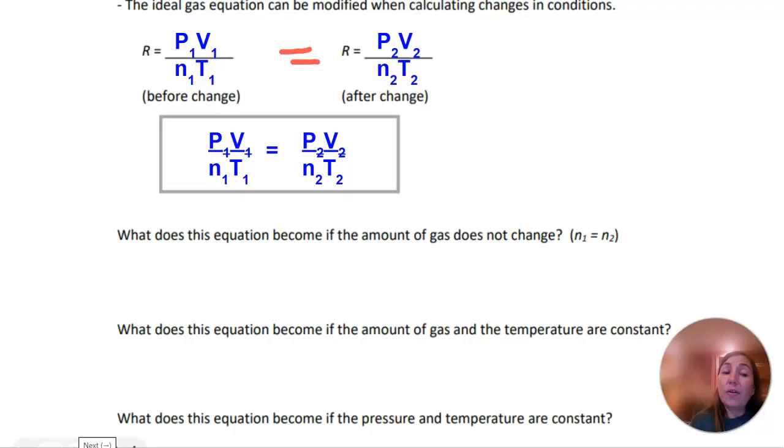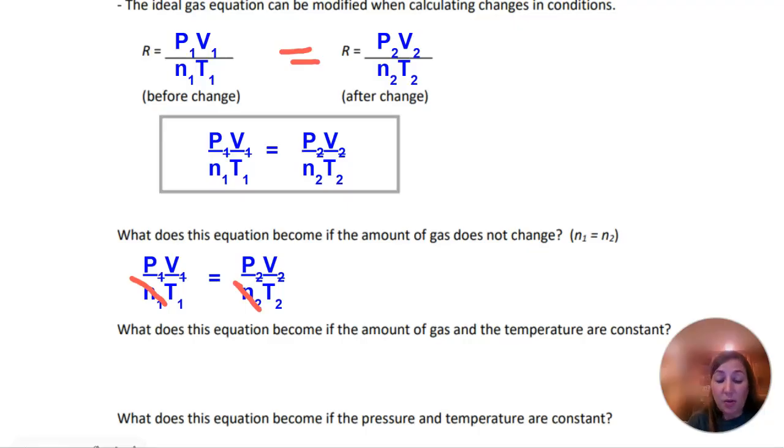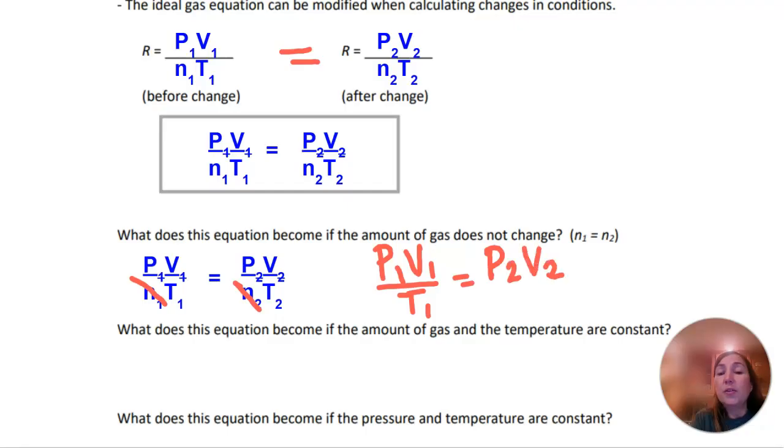Okay, so let's look at what this equation would become if the amount of gas does not change, if n is constant. If n is constant, n is equal to n on both sides of the equation, and we essentially cancel that out. And so we get P1 V1 over T1 equals P2 V2 over T2.